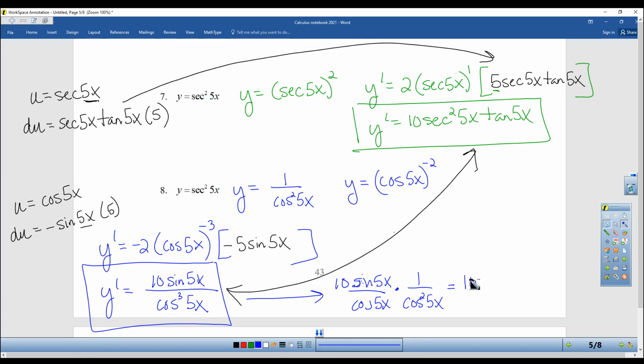And that does give me 10 tangent of 5x, and then this becomes secant squared of 5x. So they are the same, but they don't look it. And this is really a sticky spot for kids in trig derivatives, that you're doing the problems right and you just don't know it because you don't see your answer there.